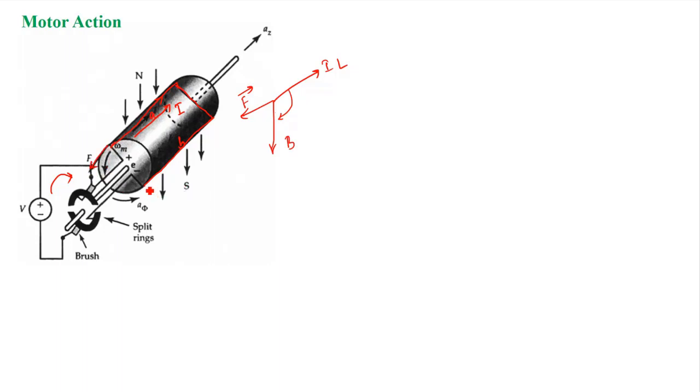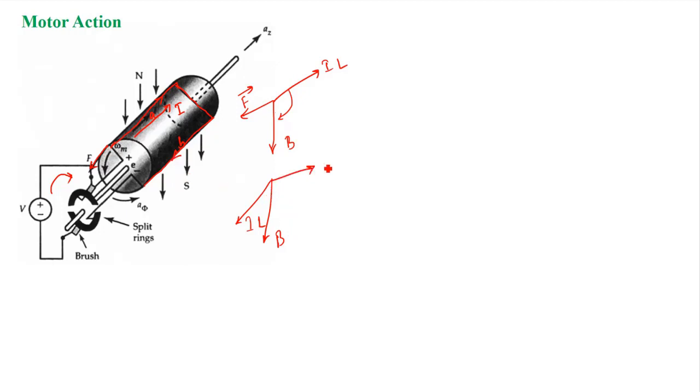Now if we find the force on conductor B, the current is flowing in this direction, so in conductor B the current will flow in this direction. This is your IL and your B is obviously here. In which direction will this exert the force?